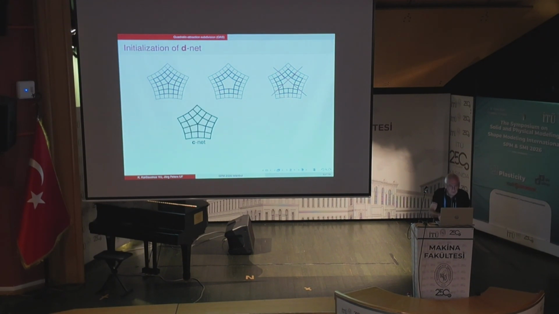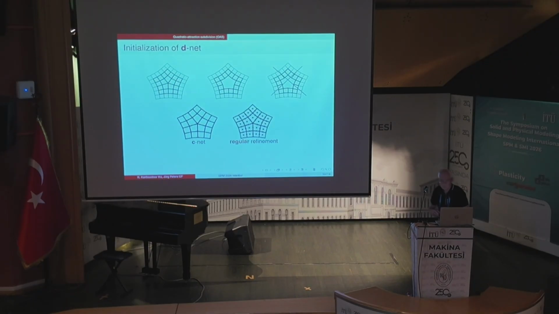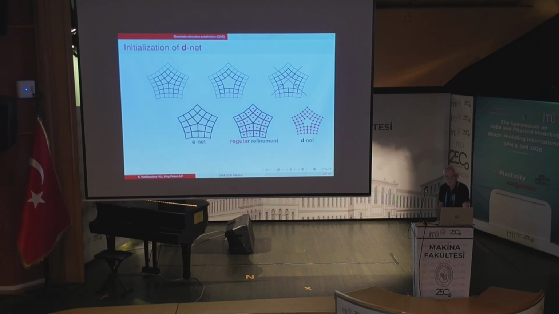In our approach, we really take only the CNet and apply regular refinement, no special rules, only regular refinement. You see the brown new nodes, and here to better see. We get the initial DNet to start our scheme.